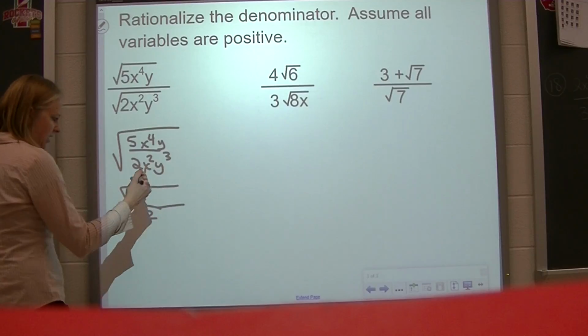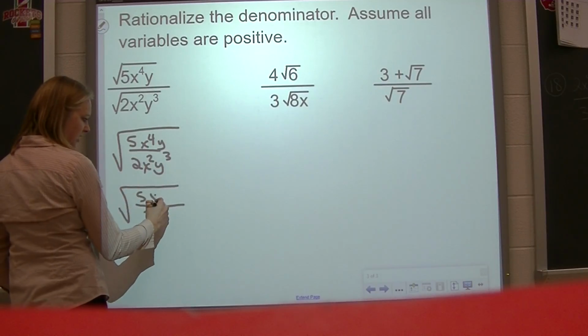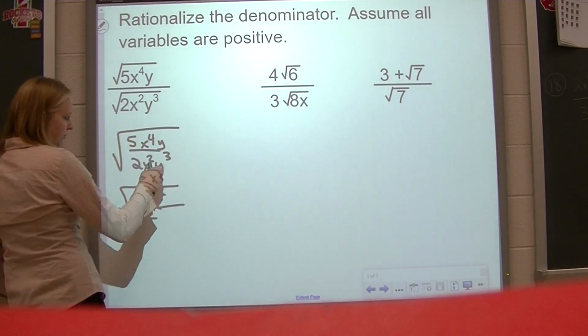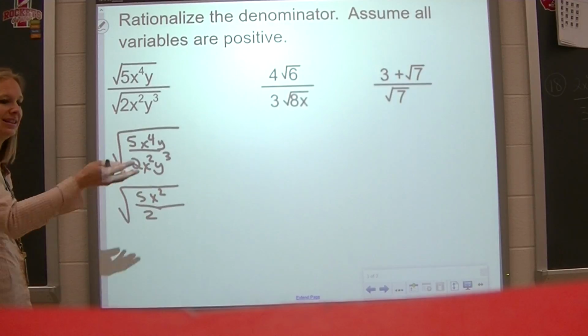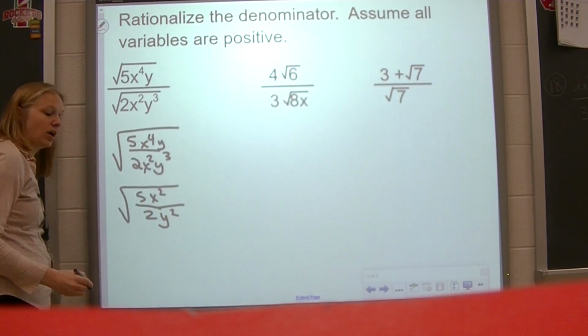X to the 4th divided by x squared, well, remember you subtract the exponents when you're dividing, so we'll have an x squared on top, and then y over y cubed. So I could do 1 minus 3, which would give me y to the negative 2 power, and then I'm going to move it down below to give me y squared.